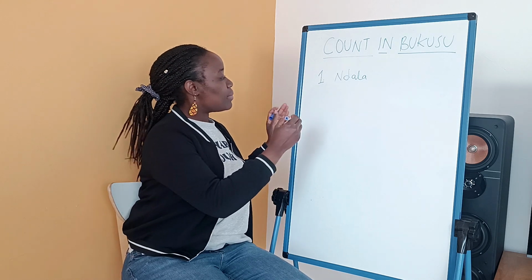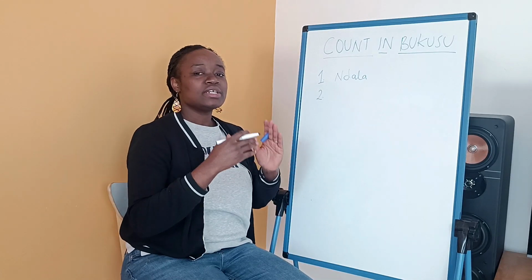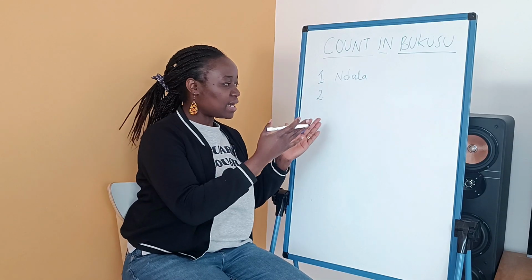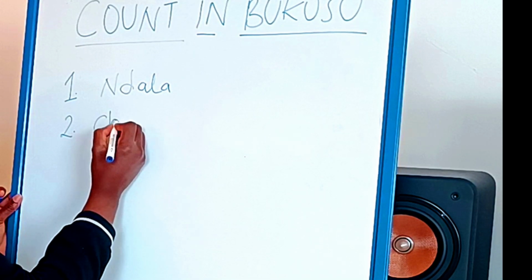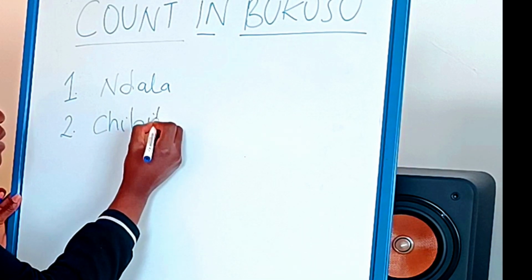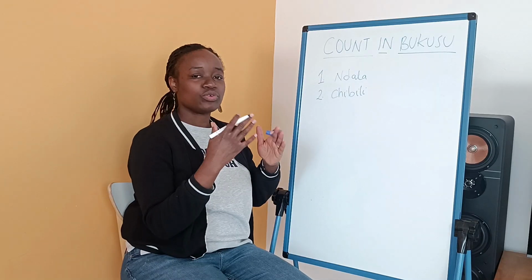Number two, we say chibili. Ndala, chibili, 1, 2. That is just when you're counting.